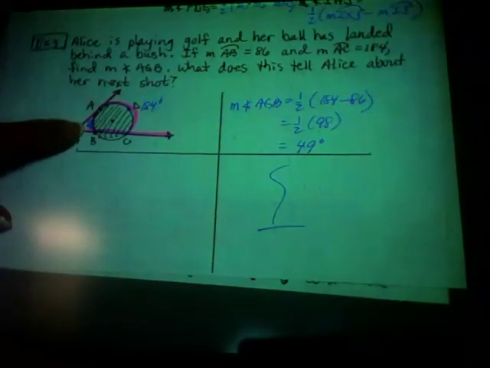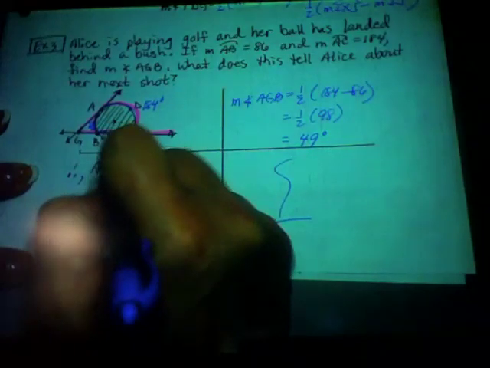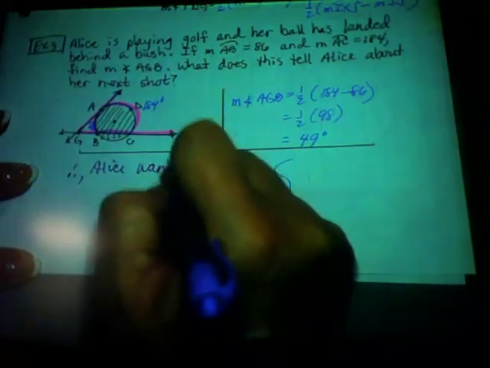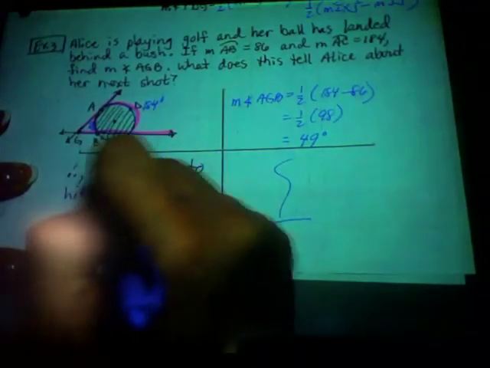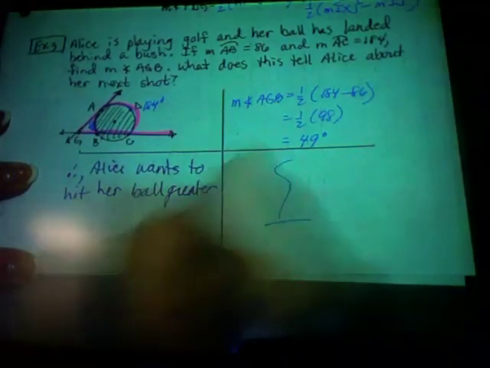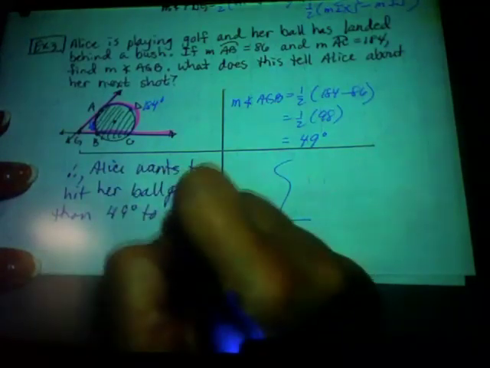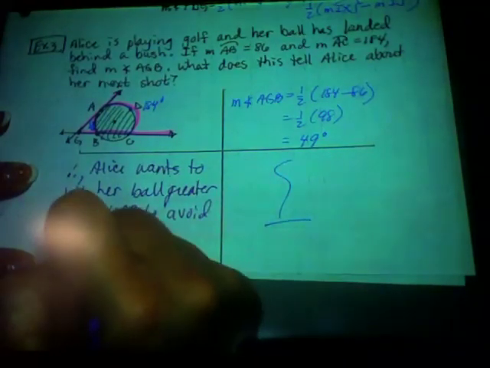So she wants to hit larger or longer or wider than the 49 degrees. So therefore, Alice wants to hit her ball greater than 49 degrees to avoid the bush.